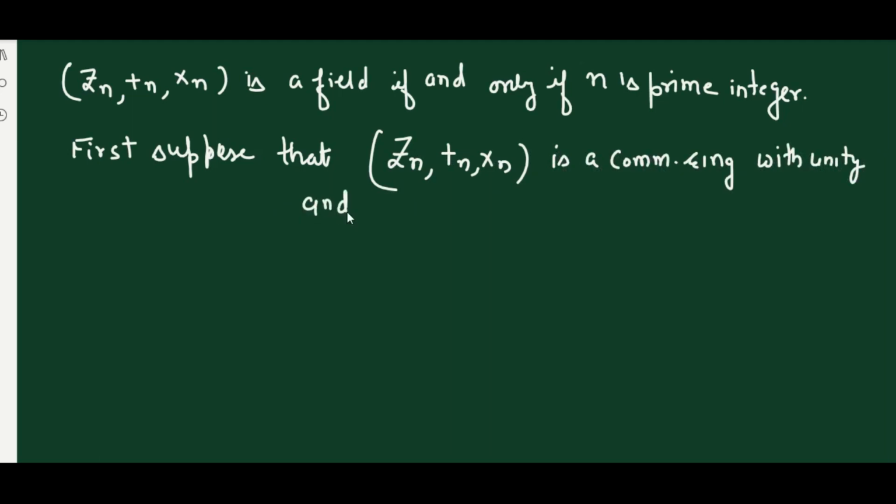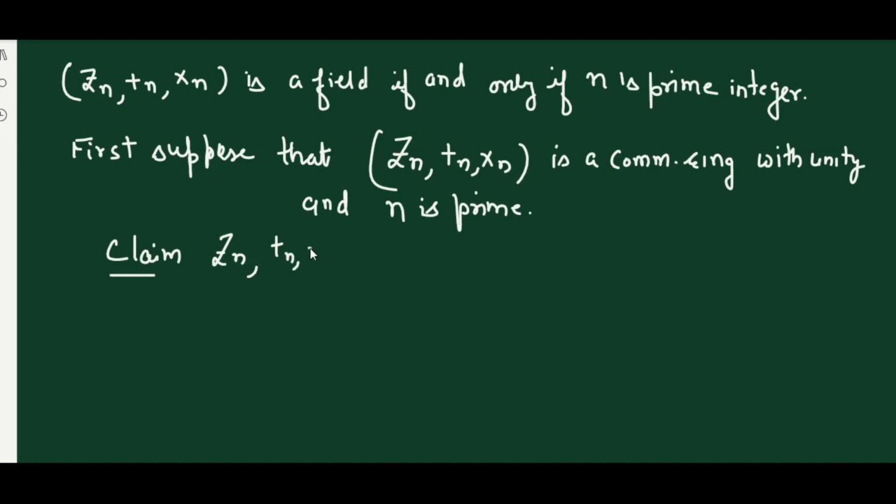And what is special here? N is prime here. Okay, so what are we given? We are given that Zn is a commutative ring with unity and n is a prime. So we have to show that this Zn is a field.